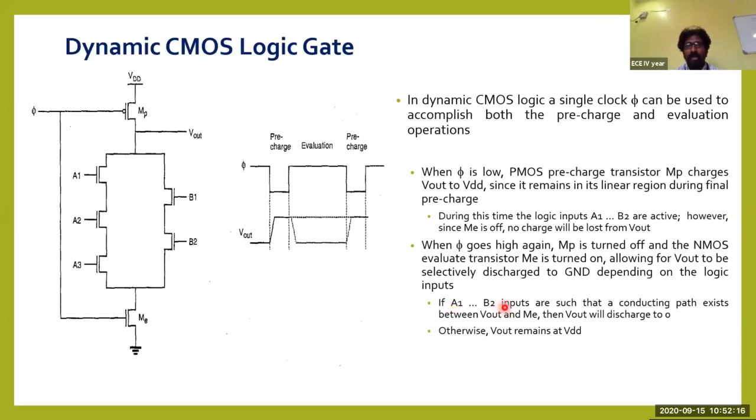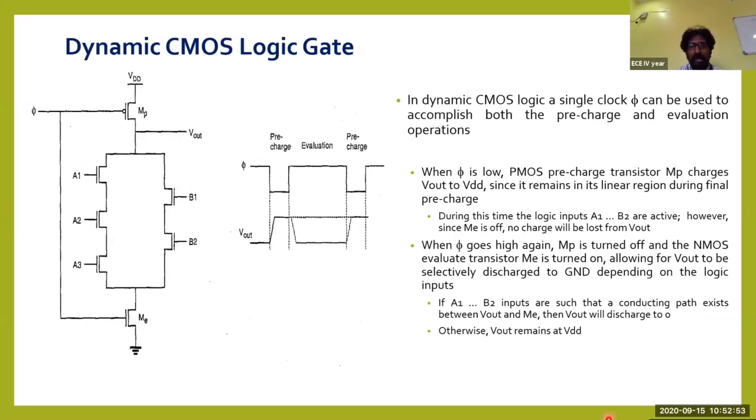If all these transistors, the 5 transistors, A1, A2, A3 plus B1, B2, are such that a conducting path exists, if all are on, then for all these gates the input is given as logic 1, and all the transistors will be turned on. Then V out will become 0, because the previous state VDD will be moving to the ground.